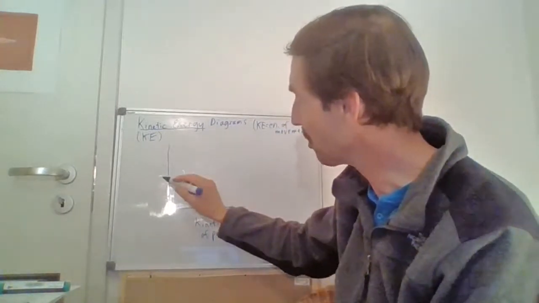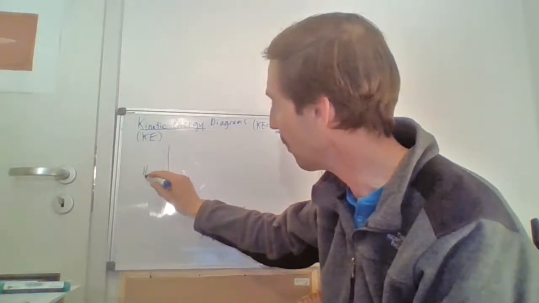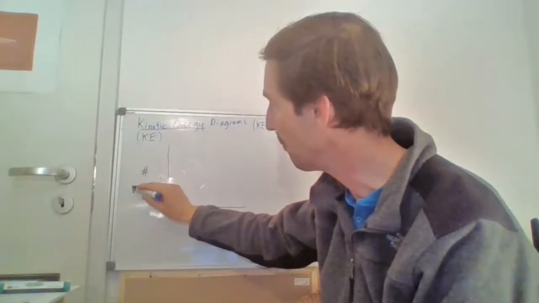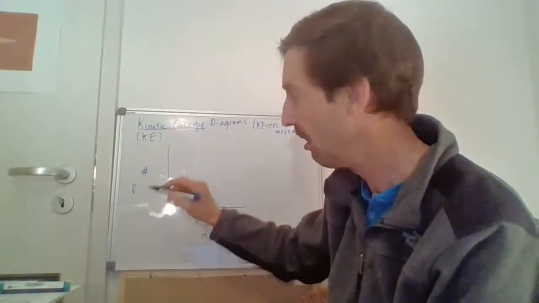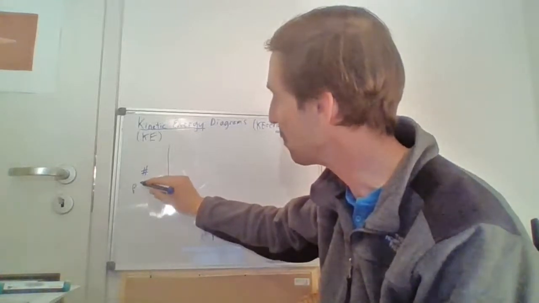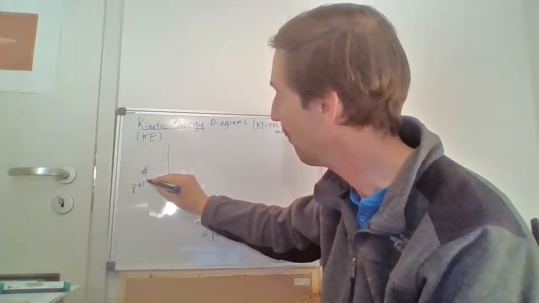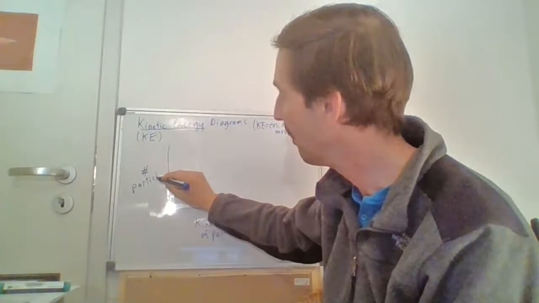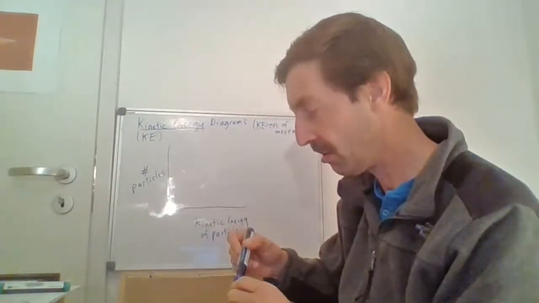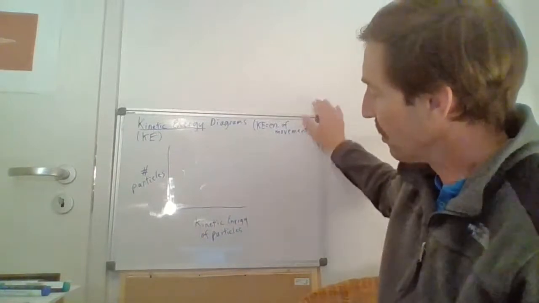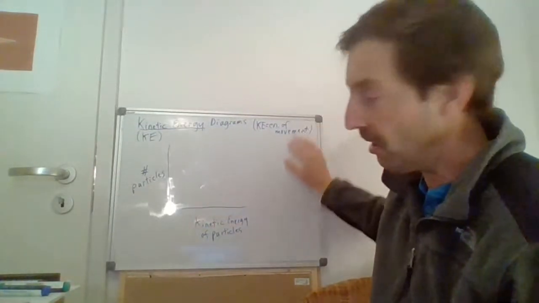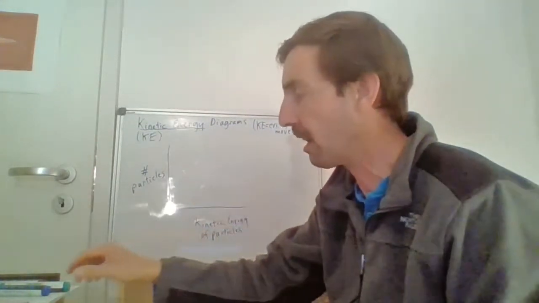Well, the other is going to be the number of particles. And we could be saying molecules here too. I don't really care which word you use for this discussion. So number of particles and kinetic energy of particles for the y and x axes.